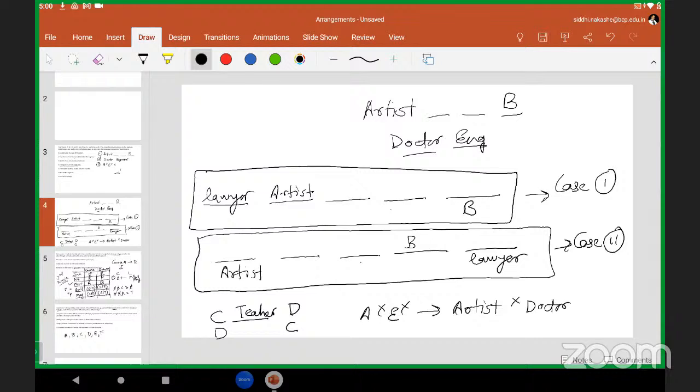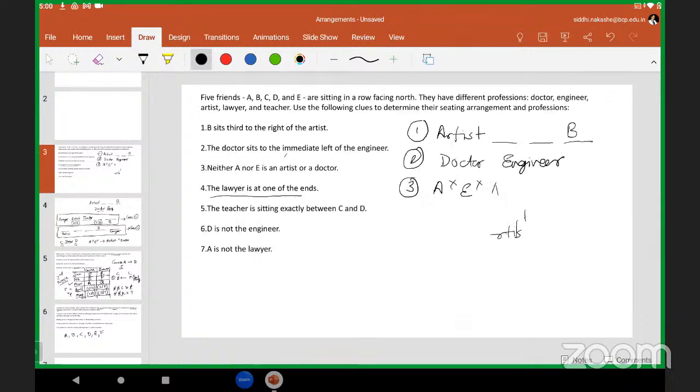So let's put conditions. There is only one possibility of teacher being over here, and it can be either C or D, and C or D. So A and E are not doctor and artist. Fine. So we have to find E again. So we'll move on to the conditions again.